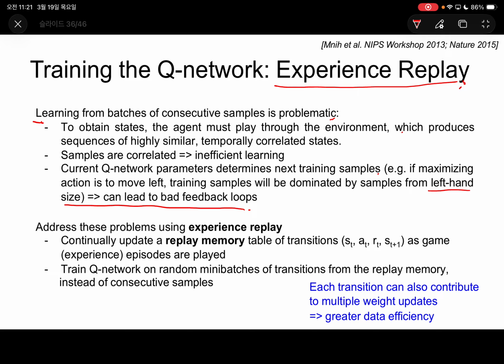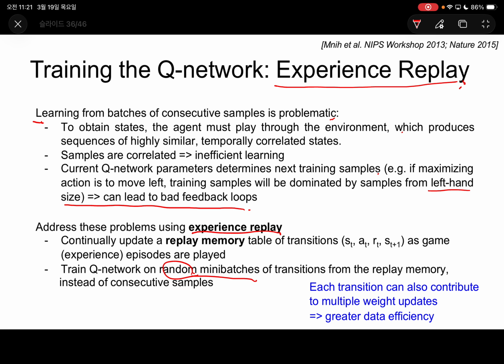We address these problems using experience replay. Continually update the replay memory table of transitions (s_t, a_t, r_t, s_{t+1}) as game episodes are played. Train the Q network on a random mini-batch. Here, the random mini-batch is the important part: random mini-batches of transitions from the replay memory instead of consecutive samples.